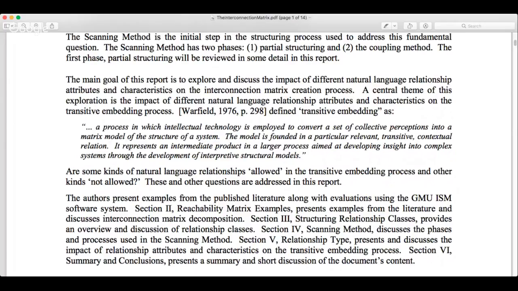This represents an intermediate product in a larger process aimed at developing insight into complex systems through the development of interpretive structural models. So is there a characteristic of a contextual relation, a natural language relationship, that makes it good to use in these cases? That's basically what we're asking here: are there some that are allowed and some that are not allowed? And we go through and look at this.